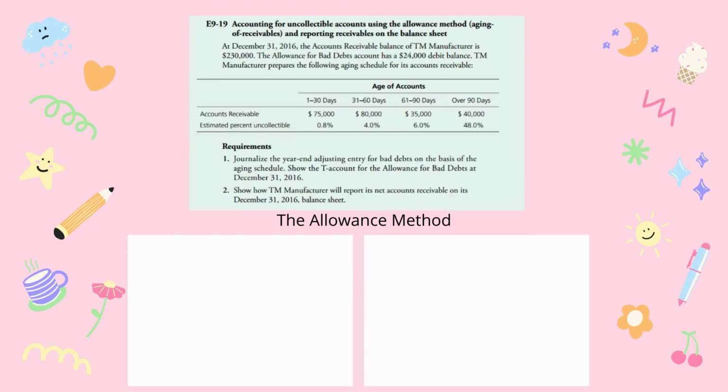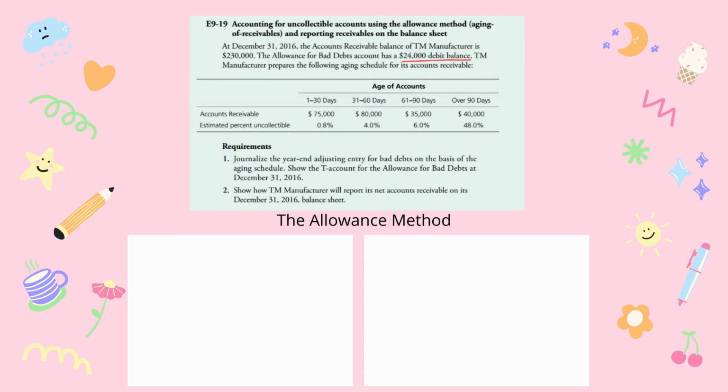Now we have a second question. At December 31st, 2016, the accounts receivable balance of TM Manufacturer is 230,000. The allowance for bad debt account has a 24,000 debit balance. Now, TM Manufacturer prepares the following aging schedule for its accounts receivable.